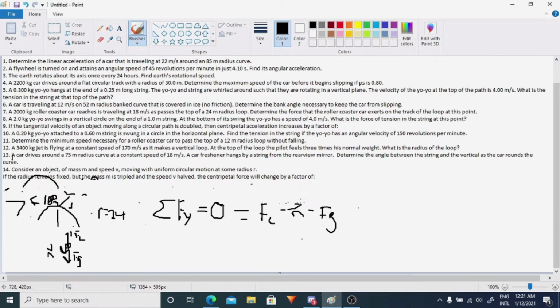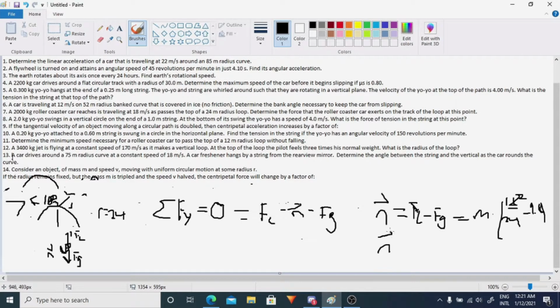This means that the normal force is going to equal force centripetal minus the force due to gravity, which comes out to be mass times 18 squared, the velocity over r, which is 24, minus, we'll put this in parentheses, mg, 9.8, which is g.